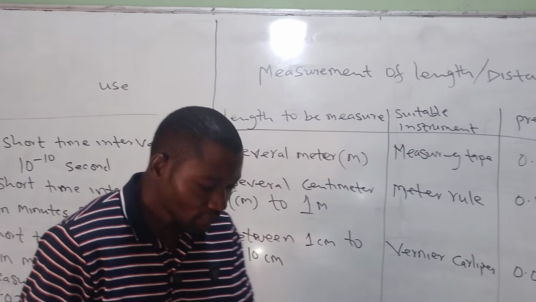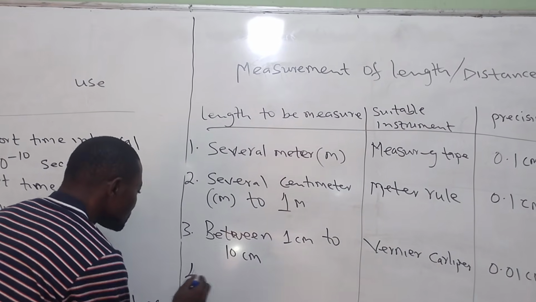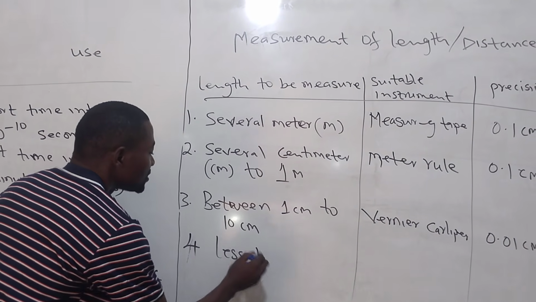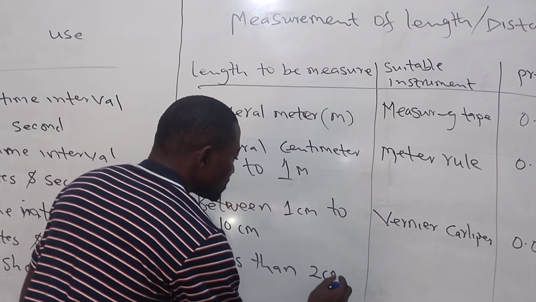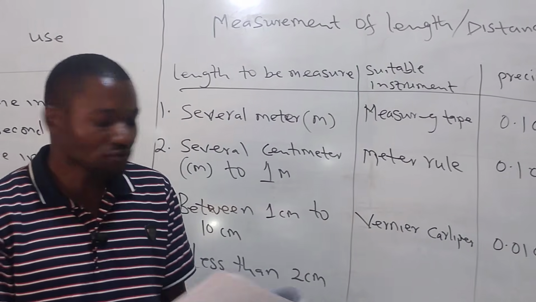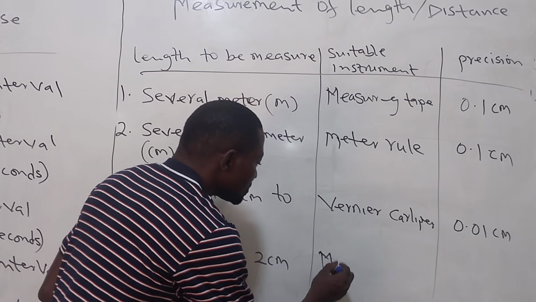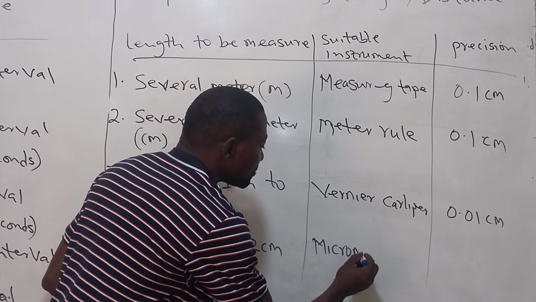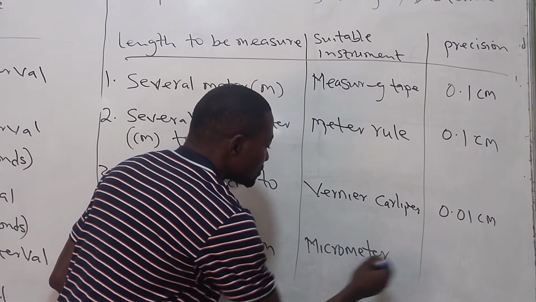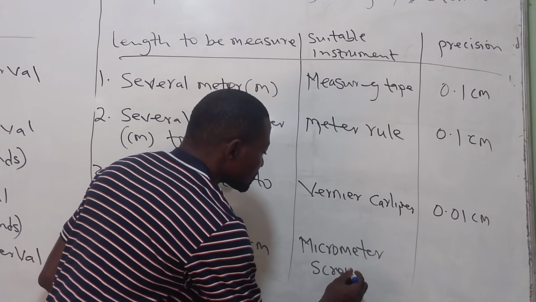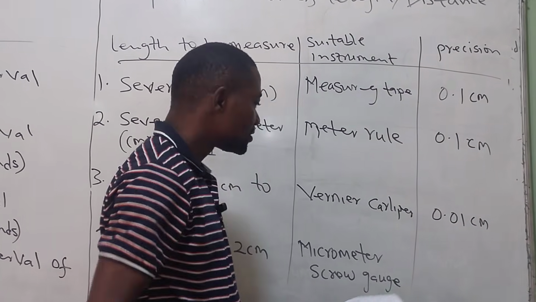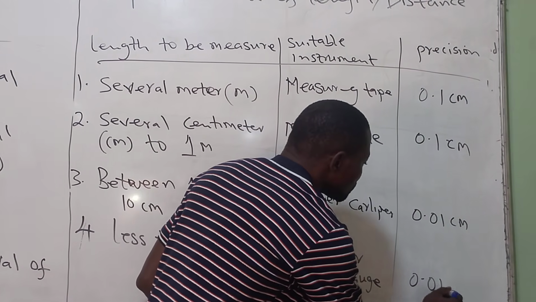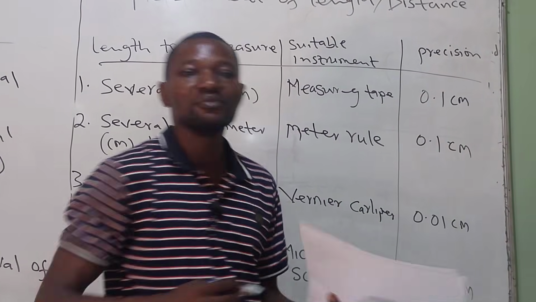Also, for measurement that is less than 2 cm, which instrument is suitable? The instrument that is suitable is micrometer screw gauge. Micrometer screw gauge. And the precision is 0.01 millimeter.